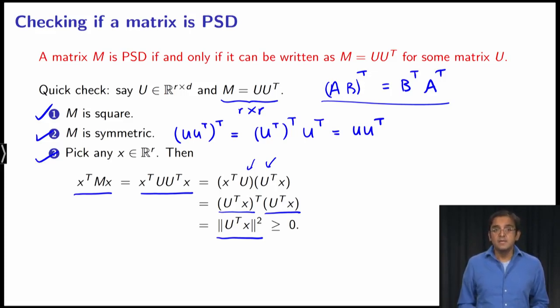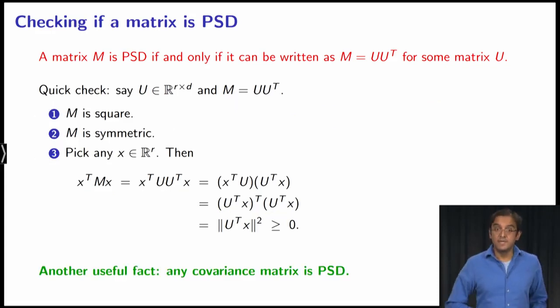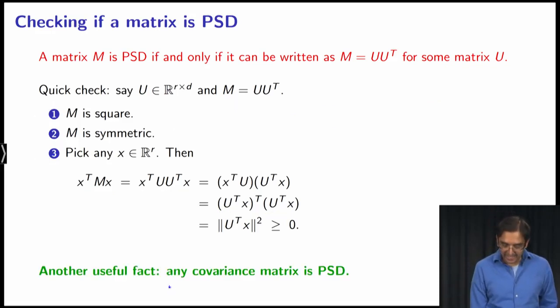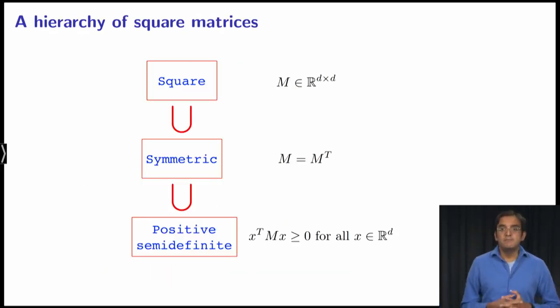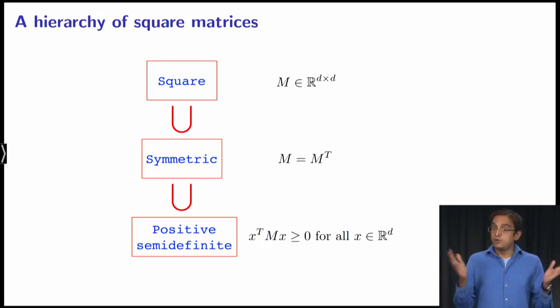Okay? Now, essentially the same argument can be used to show something else that will be useful, which is that any covariance matrix is guaranteed to be positive semi-definite. So here's a picture that I would like to leave you with. We're talking about square matrices, say D by D matrices. Some of these matrices are symmetric, that is, M equals M transpose.